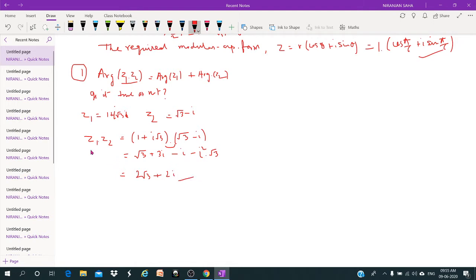This is our multiplication form of the two complex numbers z1 z2.